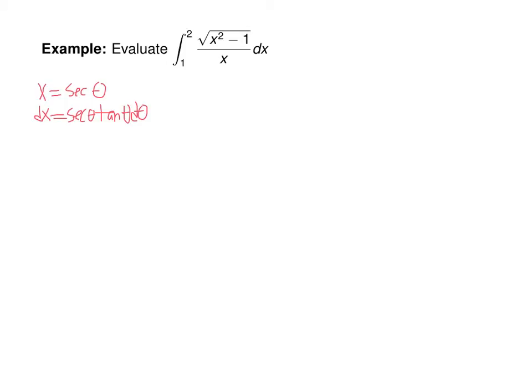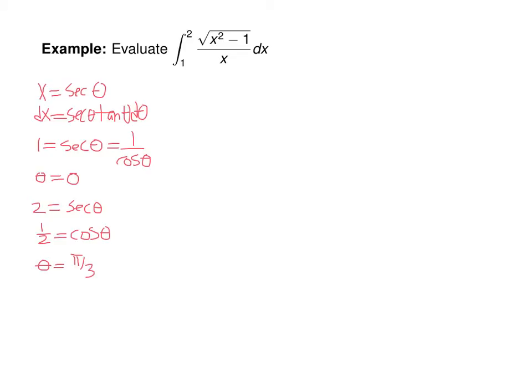So first of all, we know that 1 is equal to secant of theta. And since secant is 1 over cosine, this occurs when theta is equal to 0. And 2 equals secant theta is the same thing as saying 1/2 equals cosine theta. And that happens at the angle theta equals pi thirds.